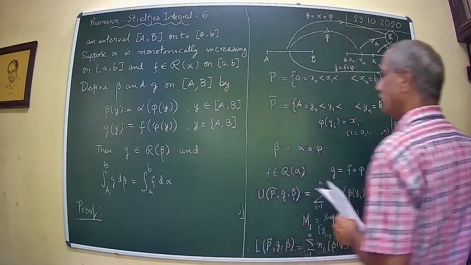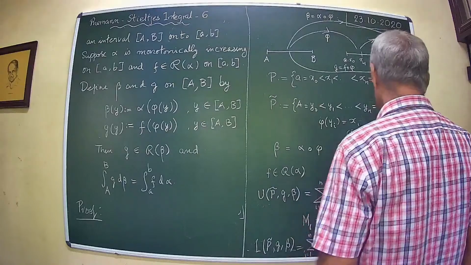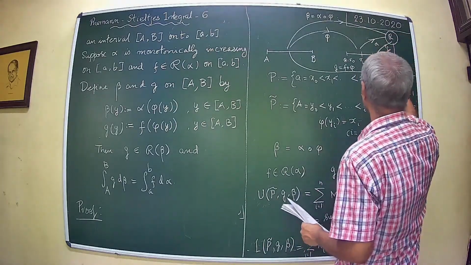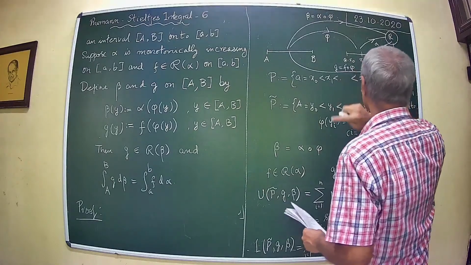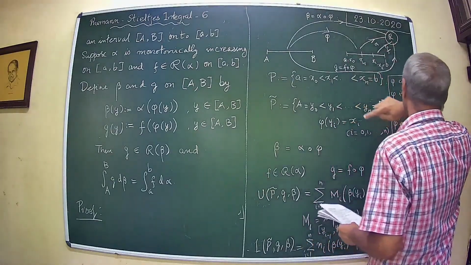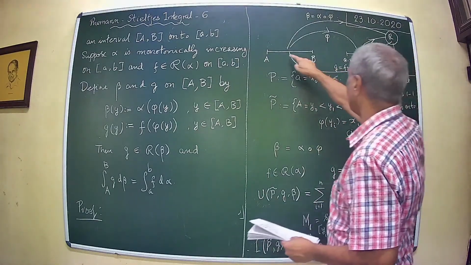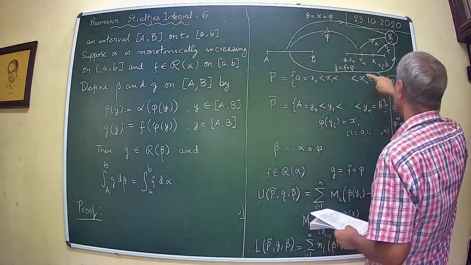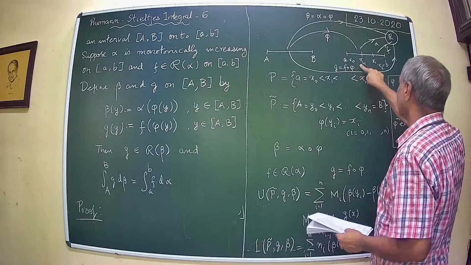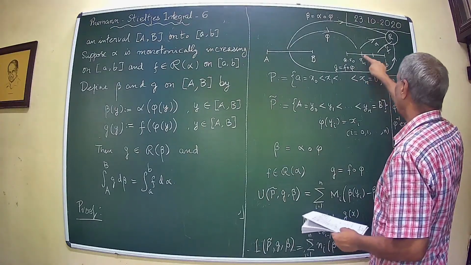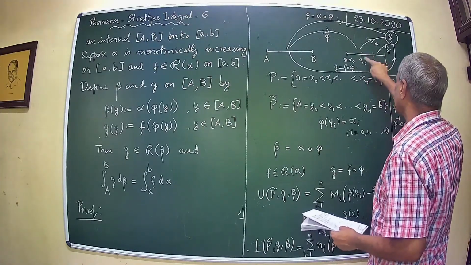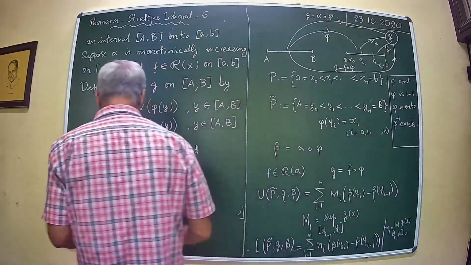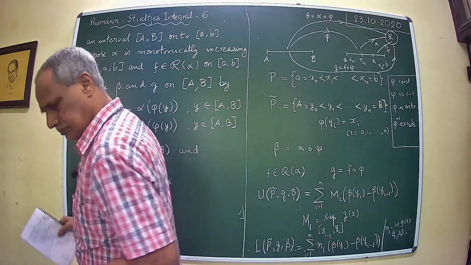Therefore, Mi for G on the interval yi minus 1 to yi is the same as Mi for f on the interval xi minus 1 to xi. Similarly, small mi for G is the same as small mi for f. Both are the same. So we observe the following.